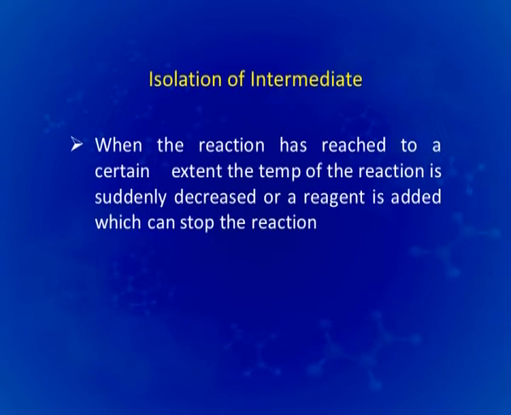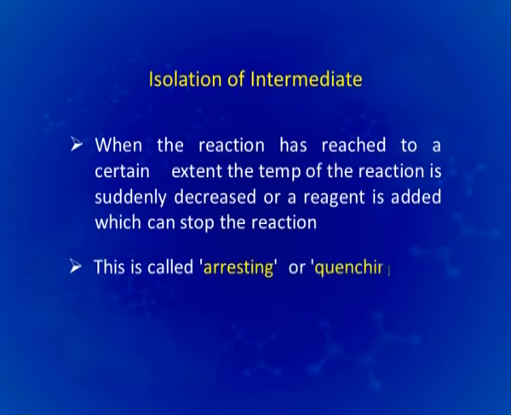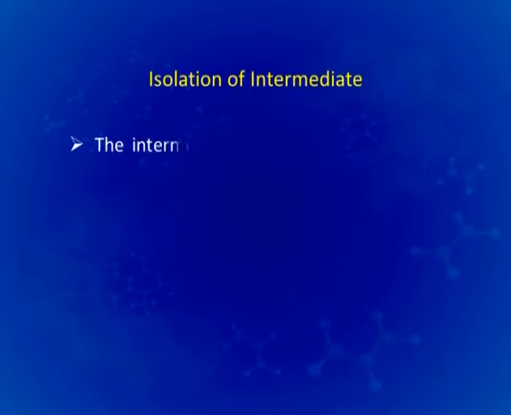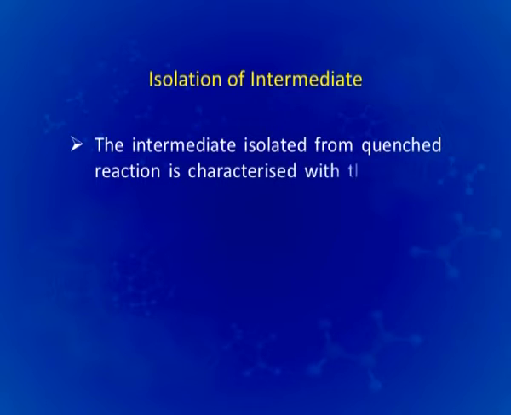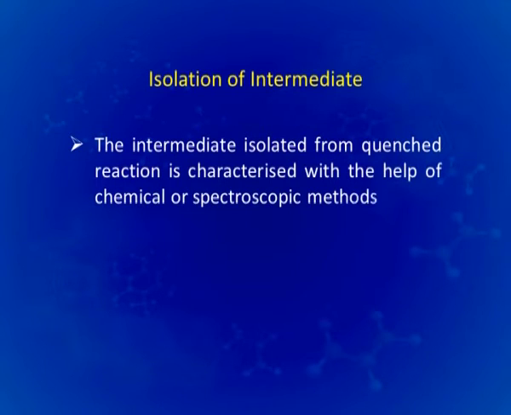This process is very important and we call it arresting or quenching of the reaction. This means stopping the reaction in between. The intermediate is isolated from the quenched reaction and is characterized with the help of chemical or spectroscopic methods.